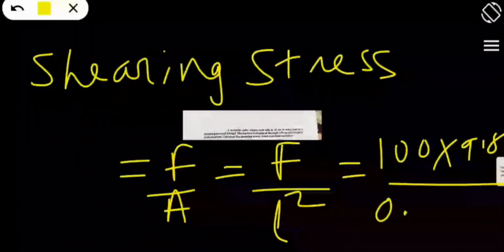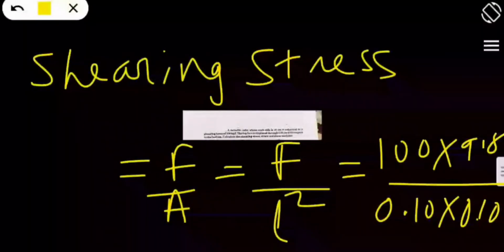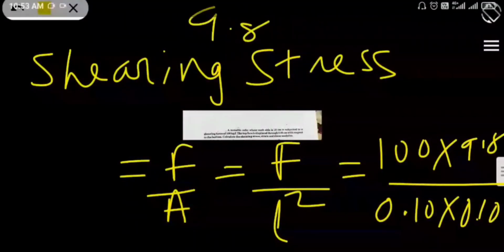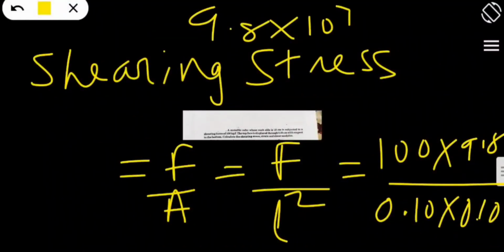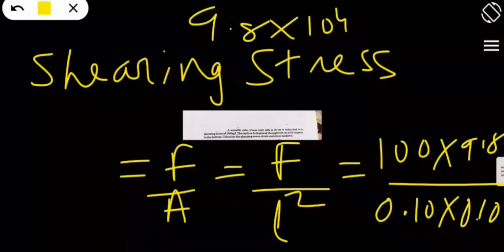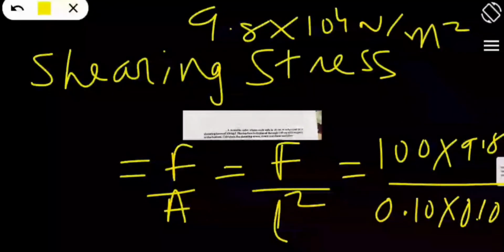L square is 0.10 into 0.10. So this will give you the answer 9.8 into 10 to the power 4. Calculate it with the help of your calculator at home. 9.8 into 10 to the power 4 Newton per meter square. This is the shearing stress.